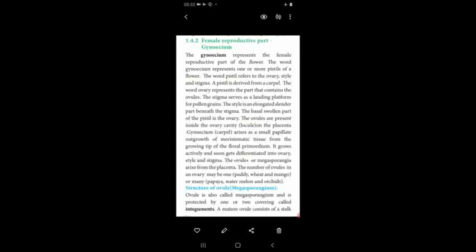The slender stalk-like portion of the gynoecium is called style. At the tip of the style, they are having an oval-shaped body called stigma, where the pollen grains are landing.